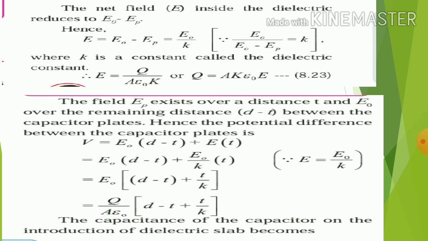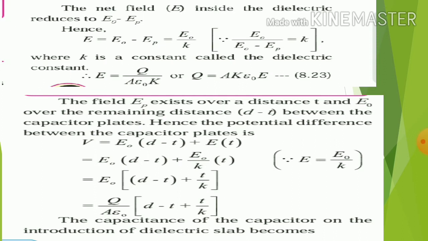This is the value of the net potential difference between the two plates of the capacitor: V equal to Q upon A epsilon 0 into bracket small d minus small t plus small t upon K square bracket complete.